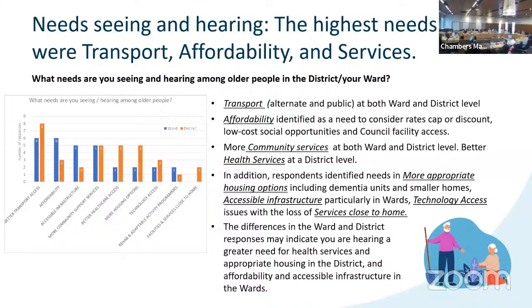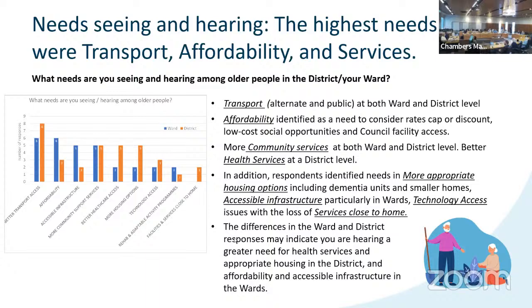Other things that you mentioned and identified were more appropriate housing options, so people can downscale and free up capital. And also rest home facilities, including dementia units.